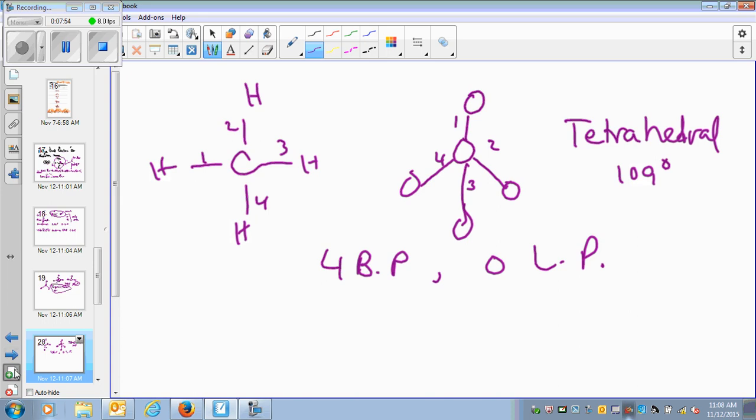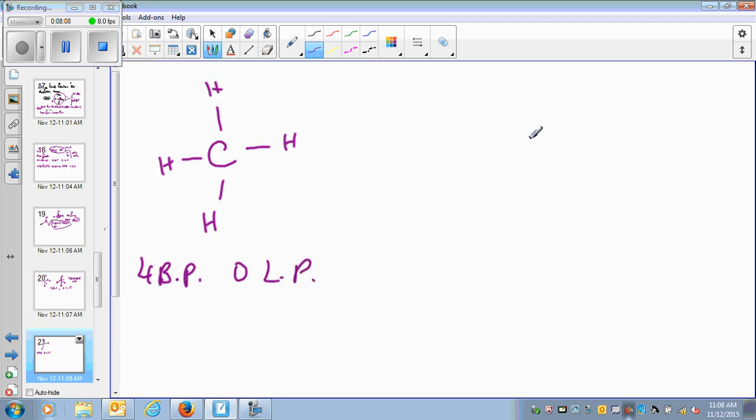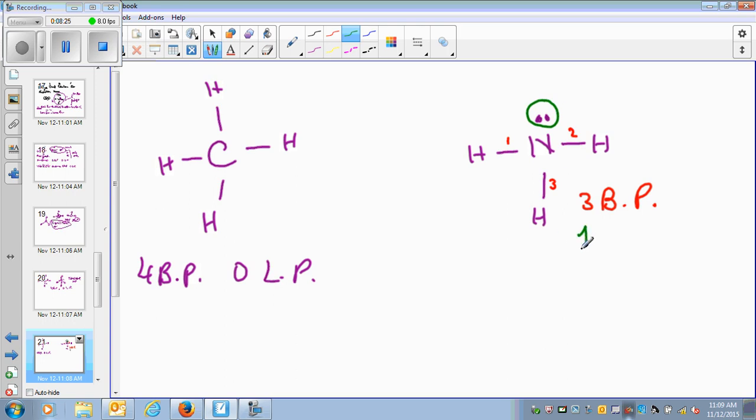Let's talk about some lone pairs. So I talked about 4 bond pairs on the central atom and 0 lone pairs. Let's talk about NH3. If you pay attention, I have 1, 2, 3 bond pairs, and here is 1 lone pair. I also told you that the lone pair bond pair repulsion is much more than the bond pair bond pair repulsion.